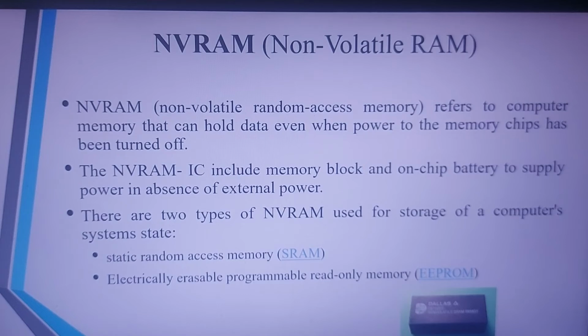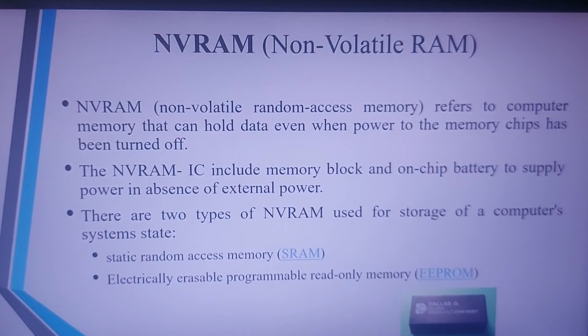Whereas non-volatile RAM, that is NVRAM, retains the data. That's why it is called non-volatile RAM. So it will hold the data even if the power is switched off or turned off.